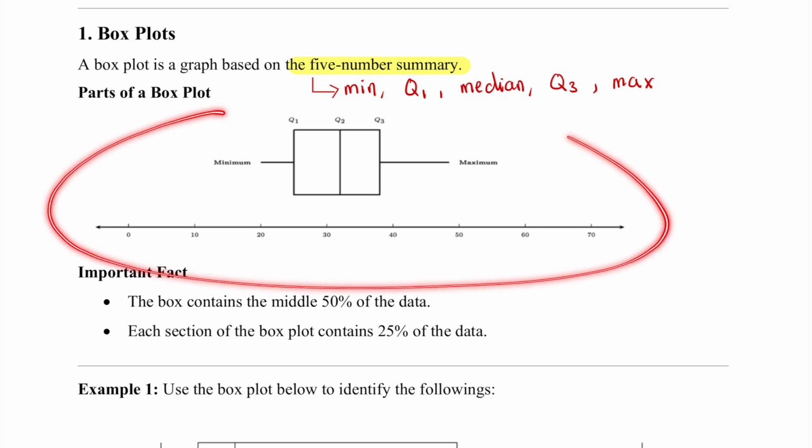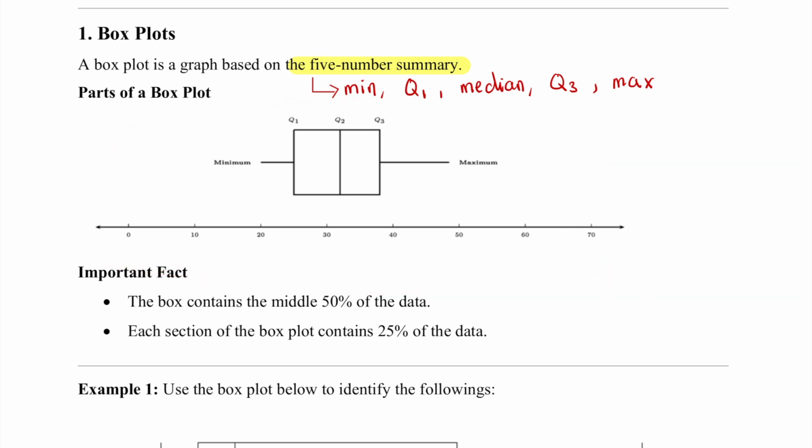Looking at the diagram, notice that there is a box in the middle and lines extending from both sides. These lines are called whiskers. The left whisker begins at the minimum value. The right whisker ends at the maximum value.